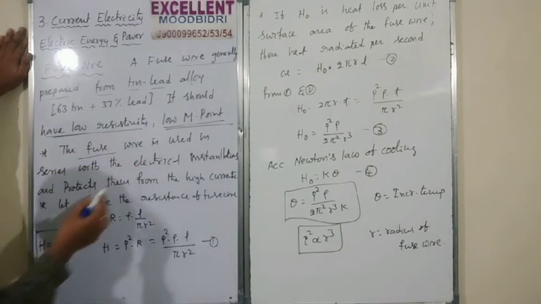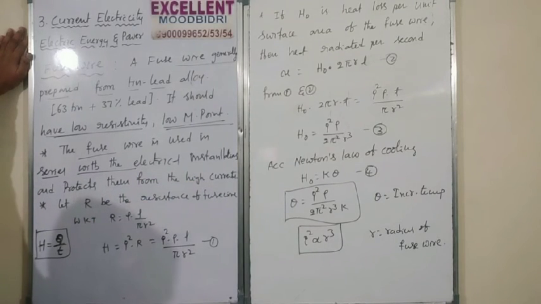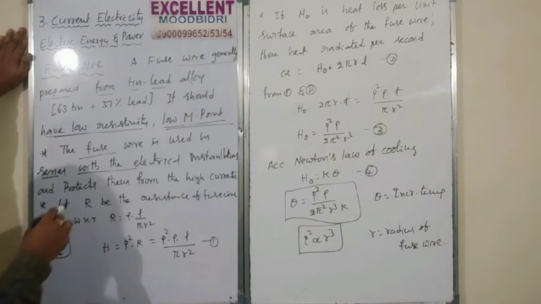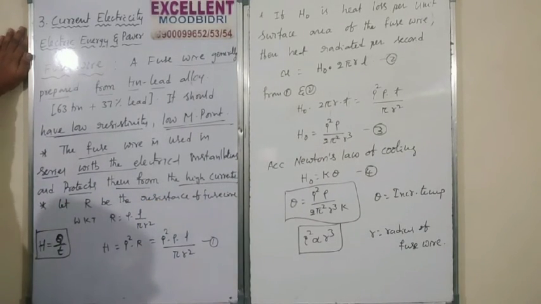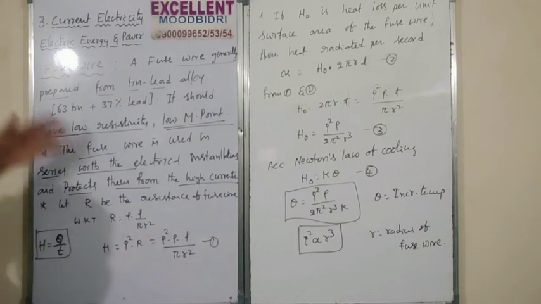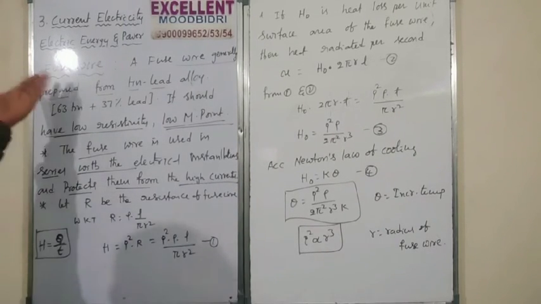The fuse wire is used in series with the electrical installation. We have to keep this in series combination only, and it protects them from high current. Correct? With any high current or high voltage at that time, the fuse will protect all our electrical appliances. That is the very important use of fuse wire.